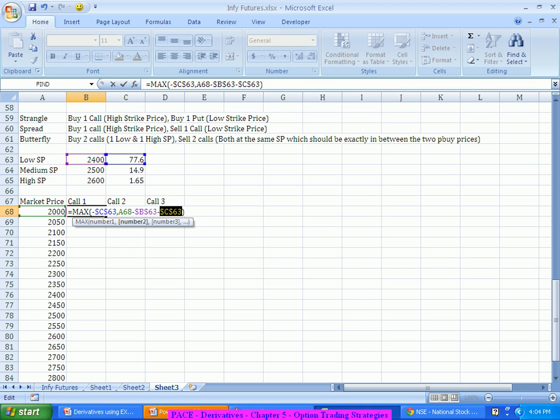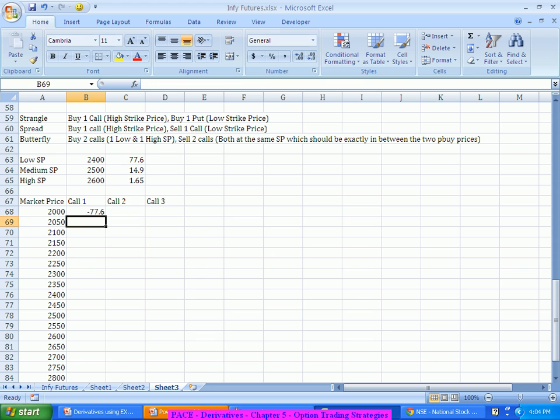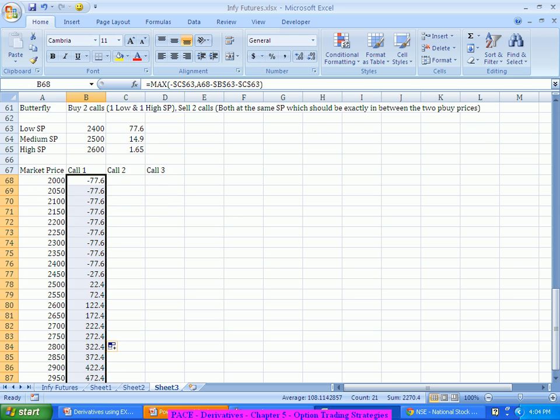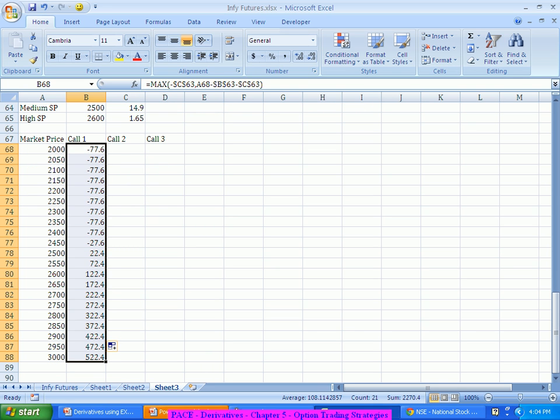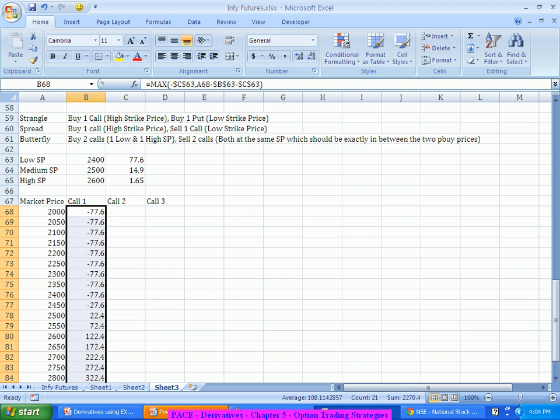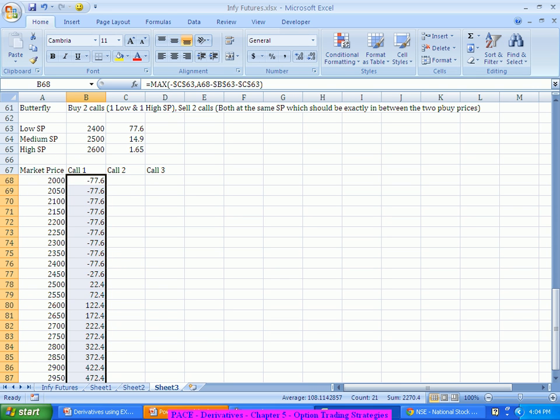Wherever that 2.4 and 77.6 are there, you can put the dollars for them. So you should get a number equal to minus 77.6 in the first case. And when you are dragging it down, these are the numbers. From minus 77.6, it should go up to 522.4. Got it?